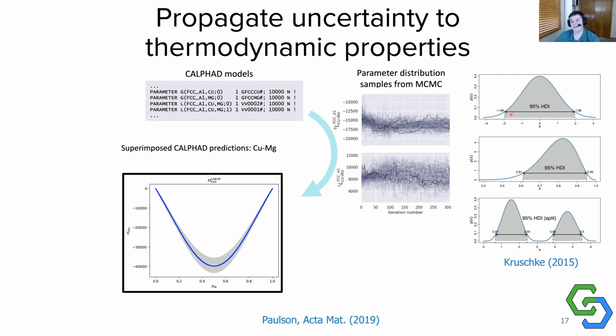And so that's where we construct these highest density intervals. And so what that means in practice is that, again, we have all the samples, all the posterior probabilities, and we just take the 95% of our samples that have the highest likelihood.